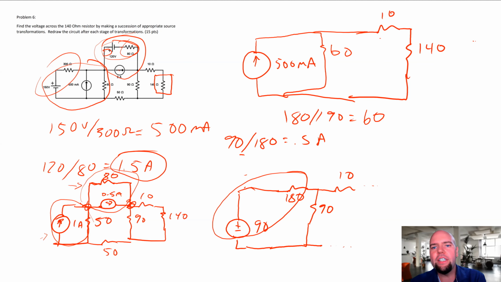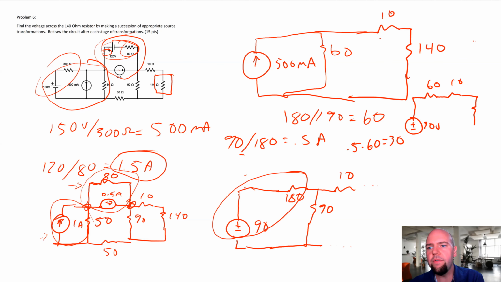So if I convert this into a voltage supply in series with a resistor, it's going to be in series with that 10. So I can do 0.5 times 60 equals 30. So I can redraw this as a 30 volt source in series with a 60, in series with a 10, and then there's my 140.